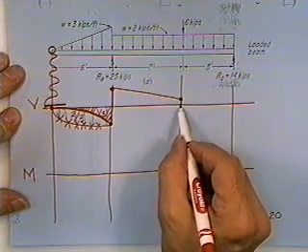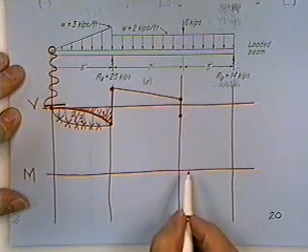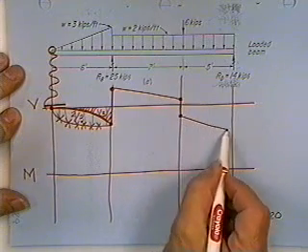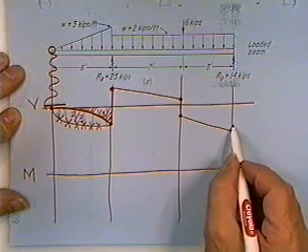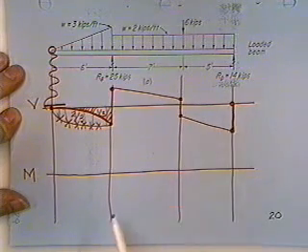Then the 6 kip load will kick in and say go 6 lower, down. Then that uniform block will say push it down some more. And finally the right hand reaction will close it on 0.